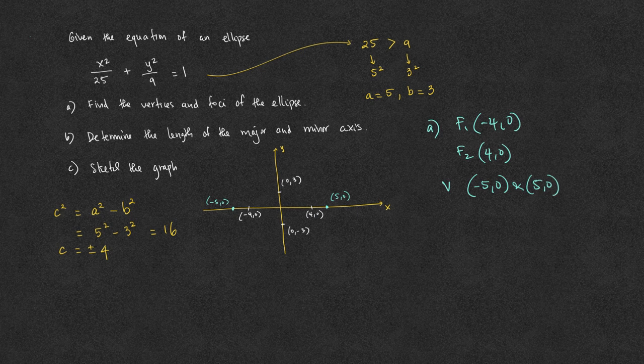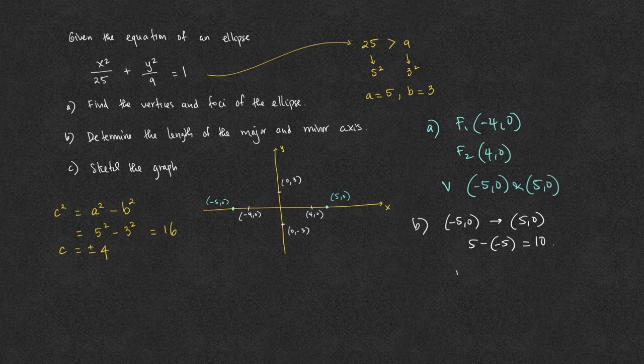For part B, the length of the major axis is the distance between the two vertices. The distance from negative 5, 0 to 5, 0 is 5 minus negative 5, which is 10, and this is precisely 2a. The length of the minor axis is the distance between the two co-vertices, or simply 2b.